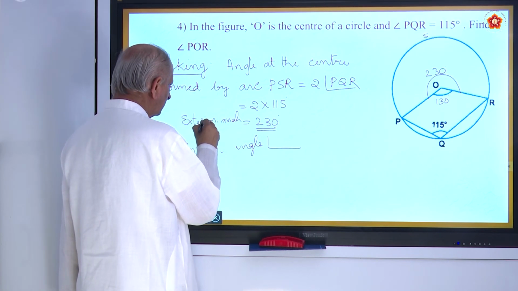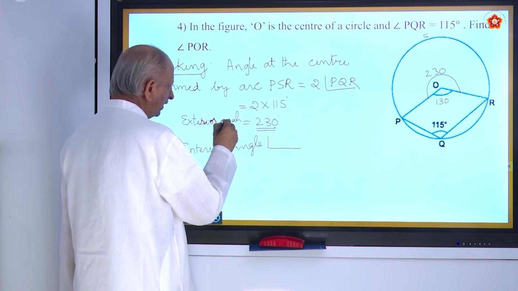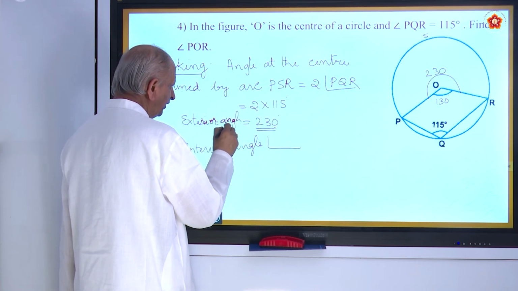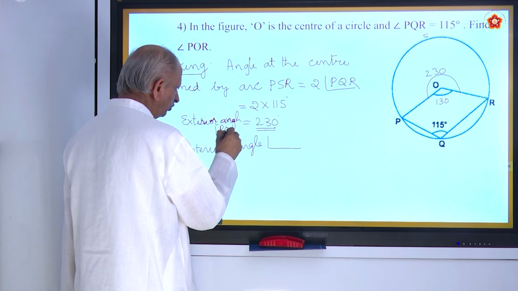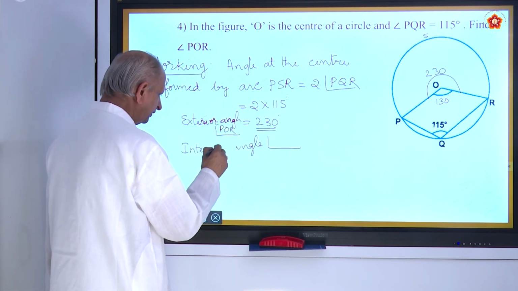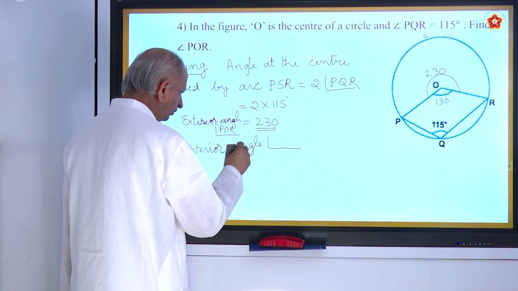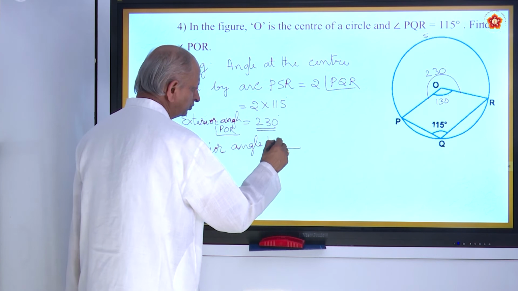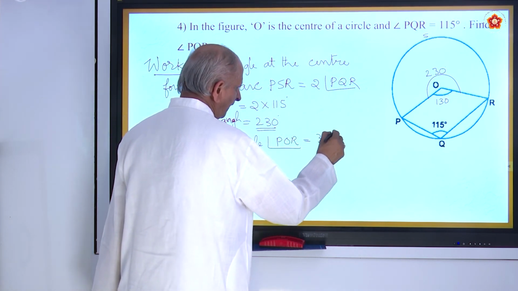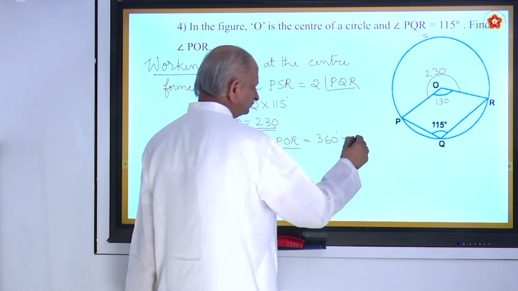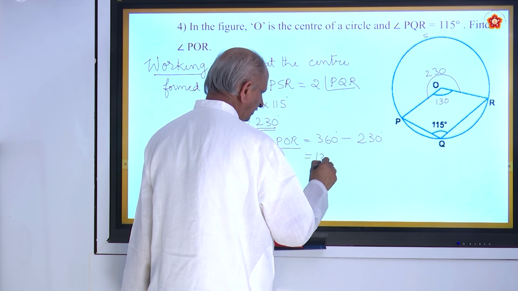Exterior angle POR is equal to 230. Therefore, interior angle POR is equal to 360 minus 230, which is 130 degrees.